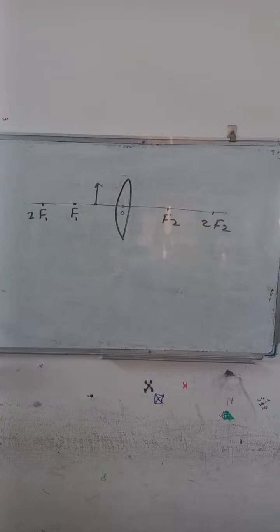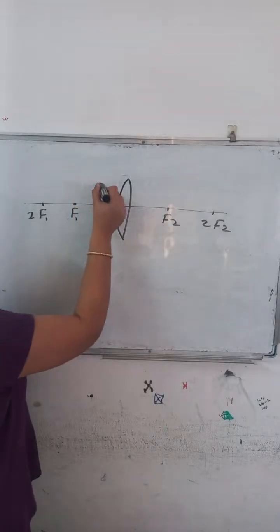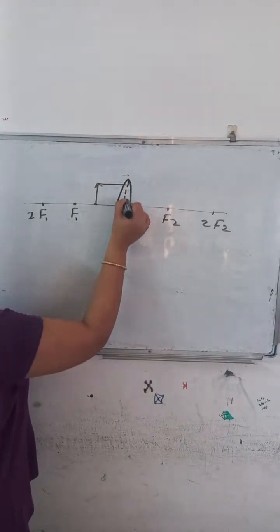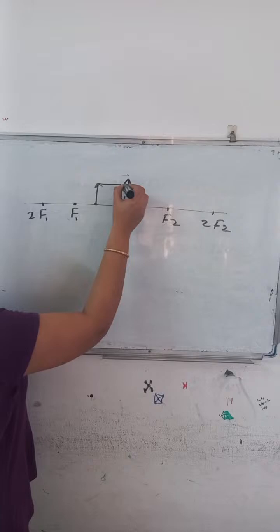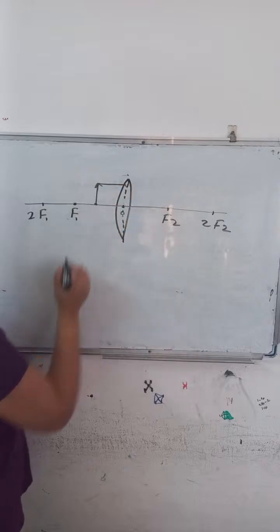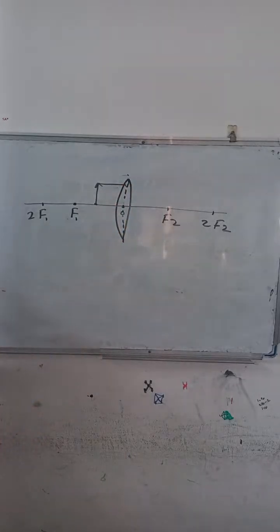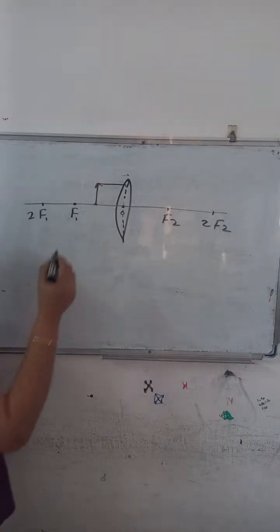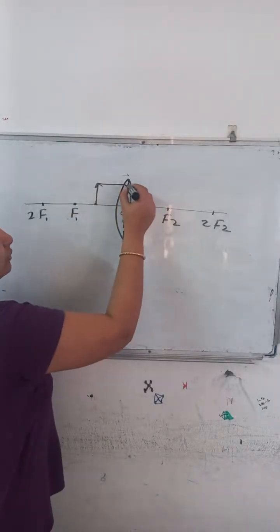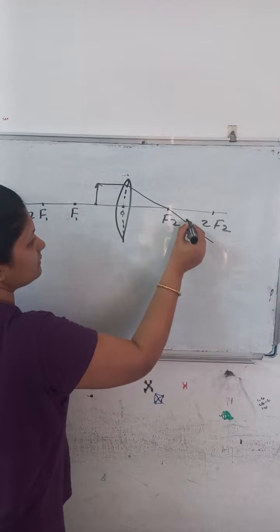That means we have to pass the first ray, which is parallel to the principal axis. So this is a parallel ray, and when it goes inside the lens, there is a refraction. When you pass the ray parallel to the principal axis, it passes through the focus.